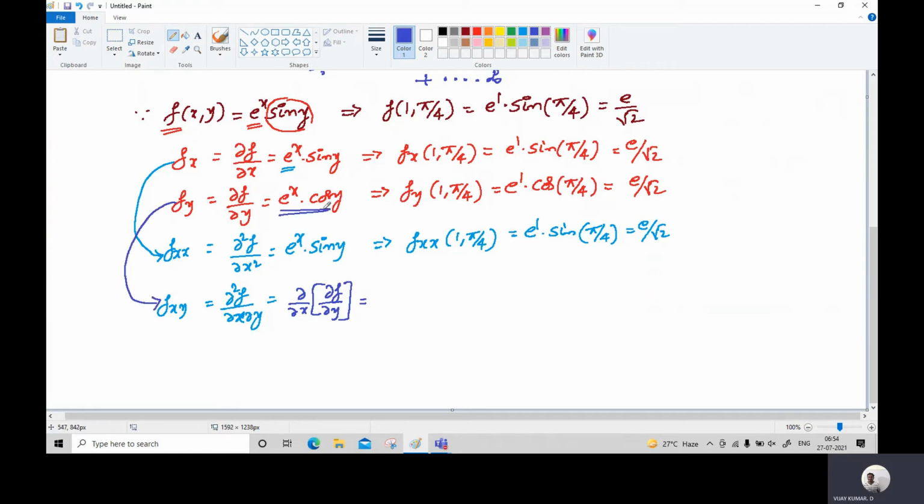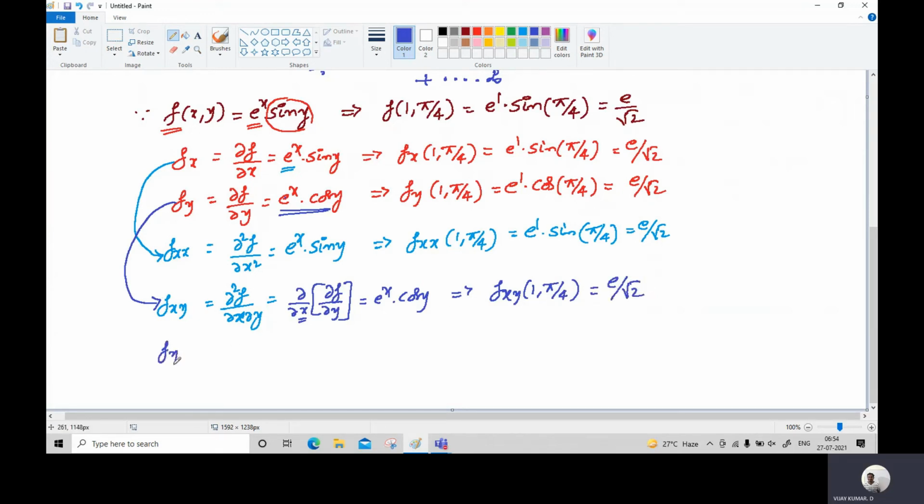For this function we should take partial differentiation with respect to x. So differentiation of e power x with respect to x is only e power x, into cos y. So you will get f_xy at (1, pi by 4) is e into cos pi by 4. So you can write directly e by root 2.